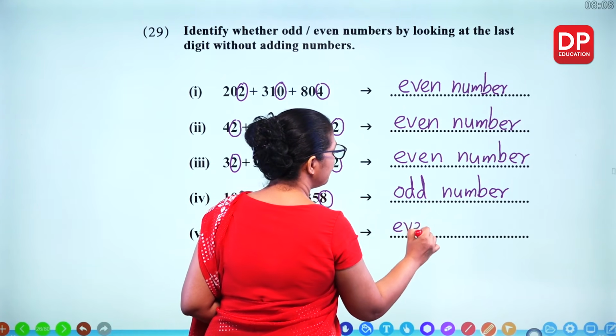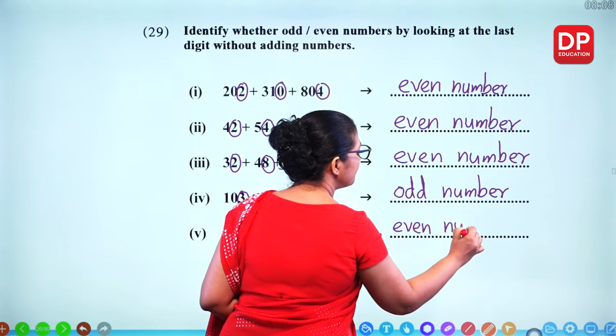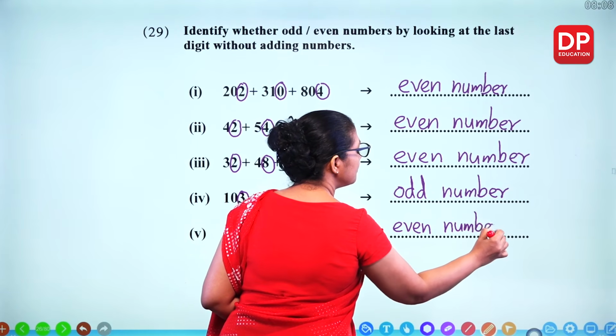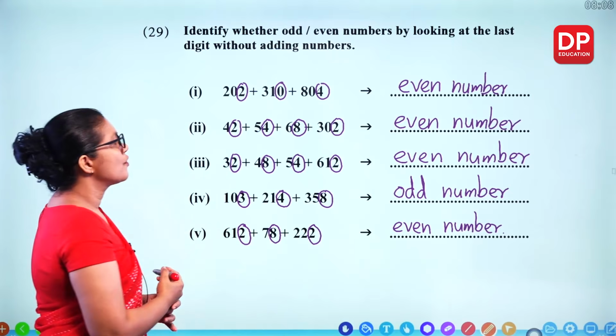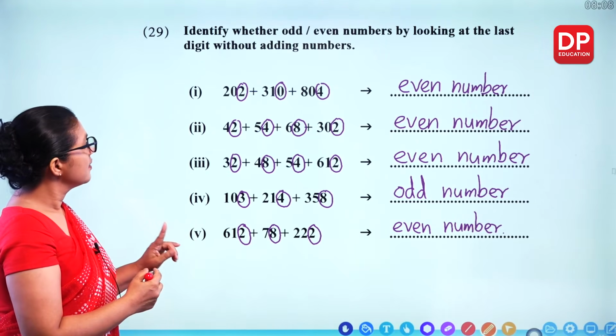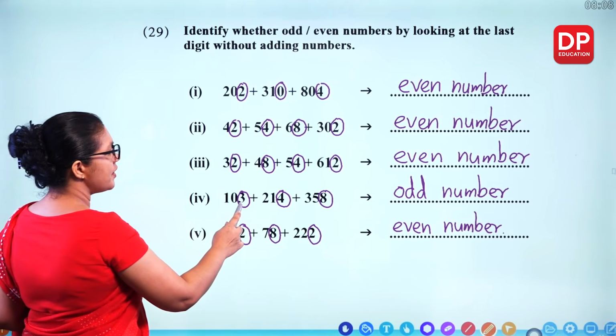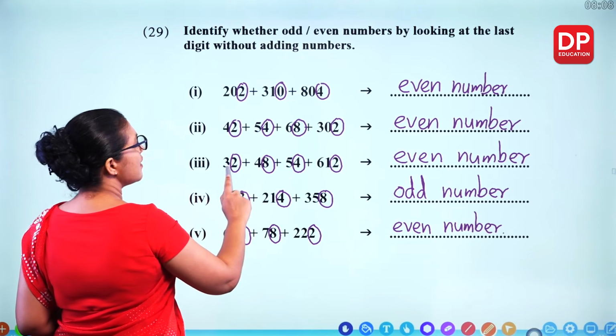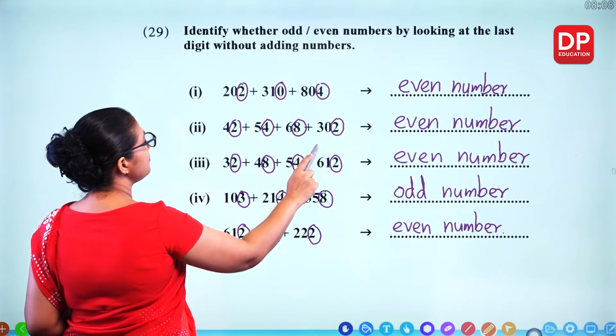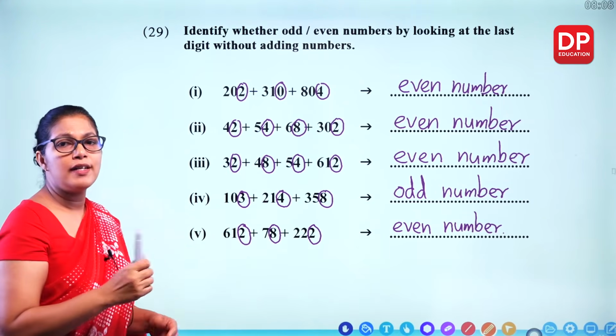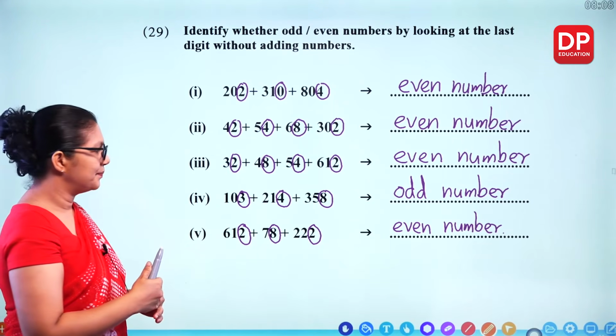Even number. So you are getting even numbers as well as odd numbers. Here, one odd number and two even. Here, all even. So depend on how many times you are adding.